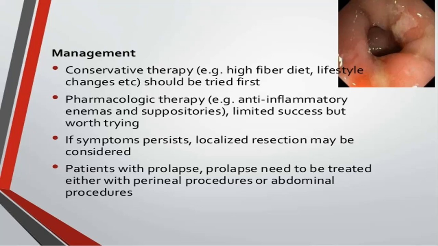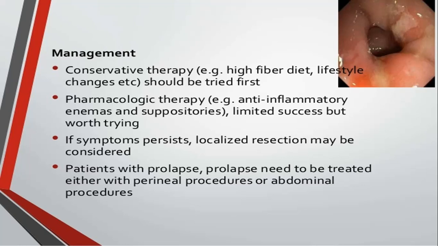Ask the patient to eat high fiber food like banana, bulk-forming agents like isabgol, eat vegetables, do exercises, and increase activity. This is the first choice in solitary rectal ulcers.